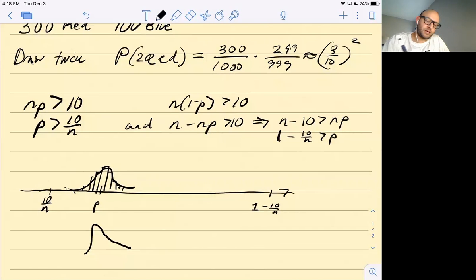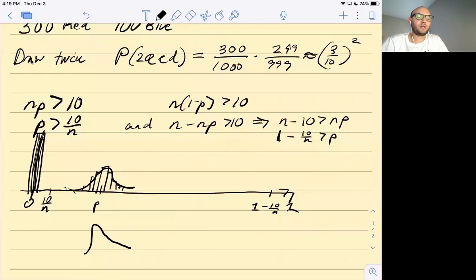You wouldn't want to approximate that kind of extreme case with a bell curve, because that's the extreme case where everybody, no matter how you pick, is going to be located at 0. But as soon as you move off a little bit away from 0, you would have a better approximation.